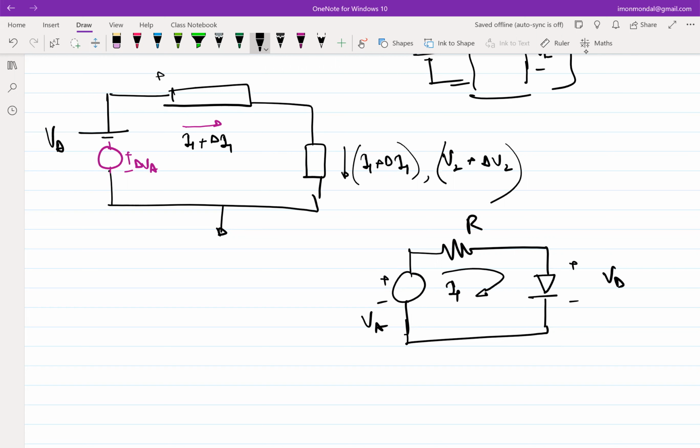You observe that the current through this loop is I1, and the voltage across the diode is VD, whatever it might be. Then in your experiment, you remove this diode and apply a voltage source, which gives you the exact same voltage VD. Will the current I1 change?